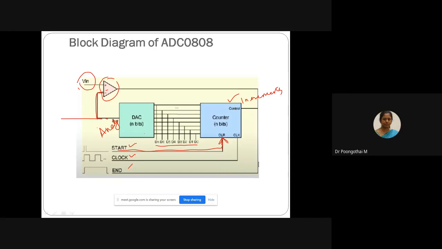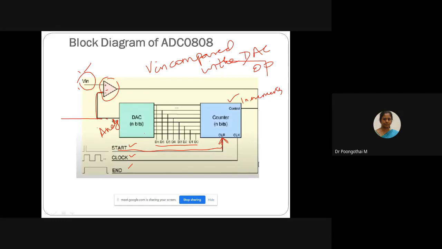It is compared with the Vin value, so Vin is compared with the DAC output.